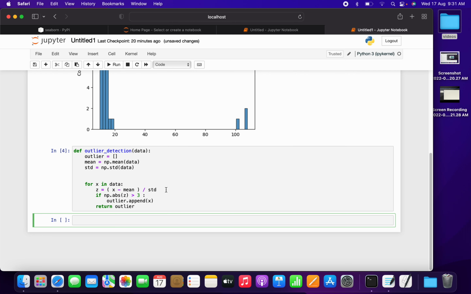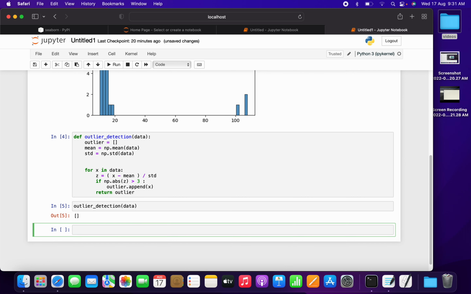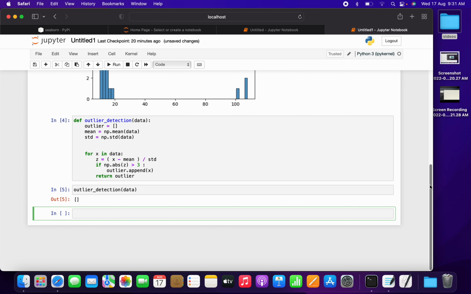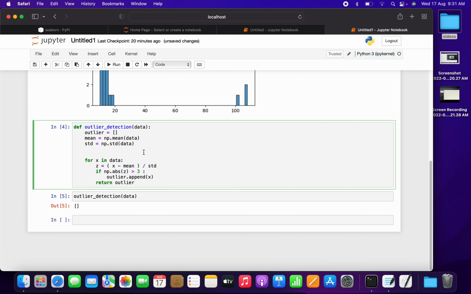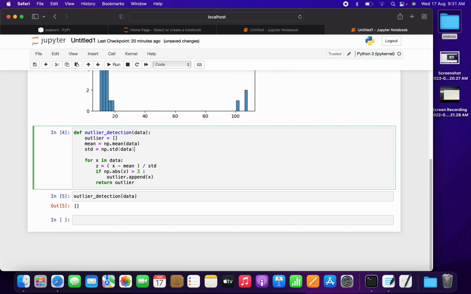Let me run it. Now we can call this function with the data. This comes back empty. So let me first run this again. Data is there. Maybe something is wrong, let me check. We have a mean here, x minus mu divided by sigma, the standard deviation, that is the Z-score.